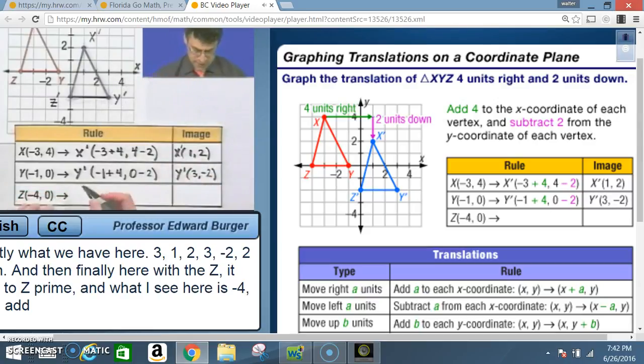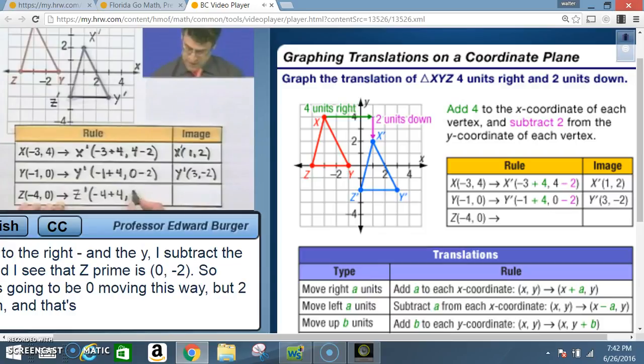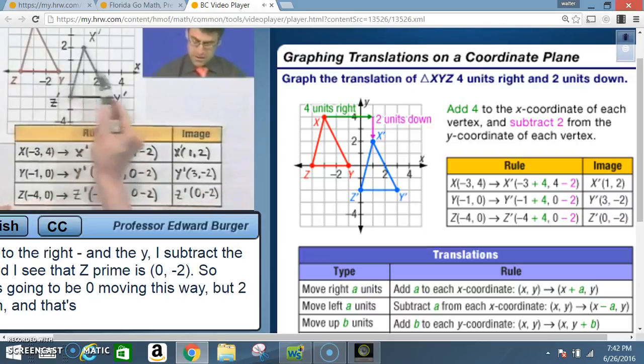Then with the Z, it goes to Z prime. I see negative 4, I add 4 to the right, and in the y I subtract the 2, so Z prime is 0, negative 2. That's 0 moving this way, but 2 down, and that's exactly where we are.